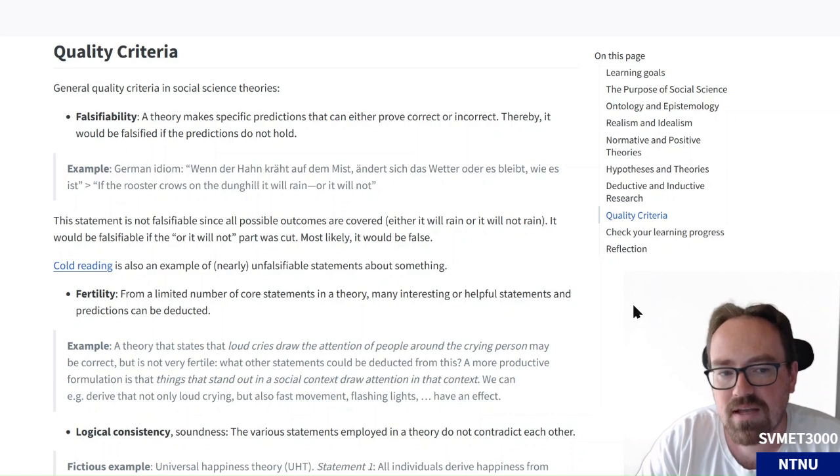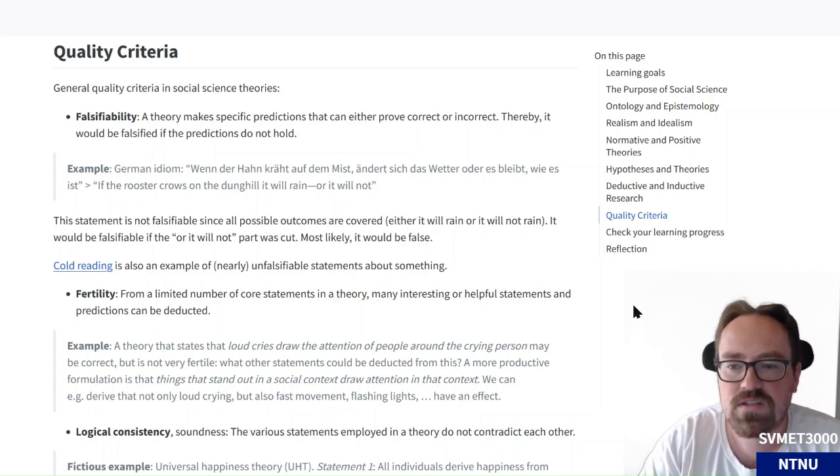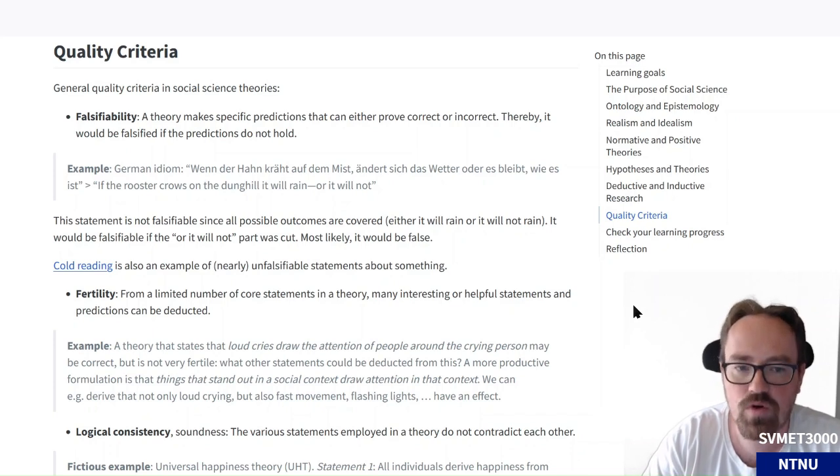A theory must be so concrete, so specific, that it can be falsified in a straightforward way if the predictions that it makes do not hold. The predictions must be clear, and we must identify whether an observation fits or doesn't fit the prediction.